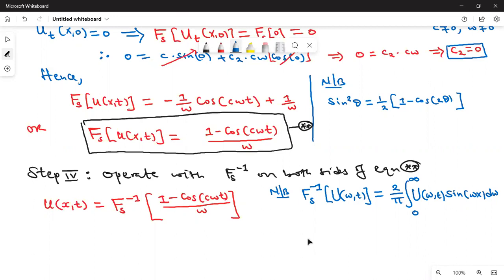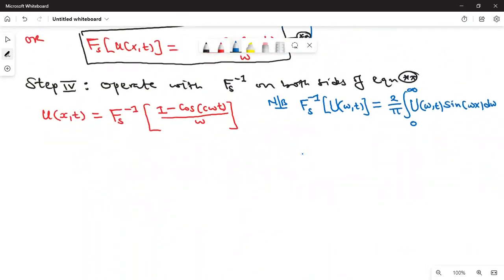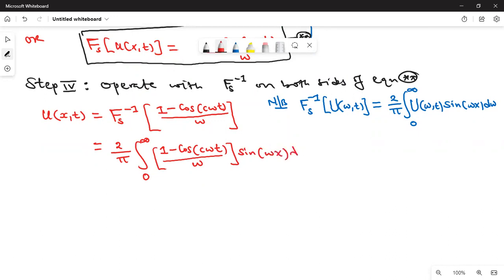So therefore, this one you can now write as 2 over pi, the integral from 0 to infinity of 1 minus cosine of c omega t over omega. This you multiply by sine omega x d omega.